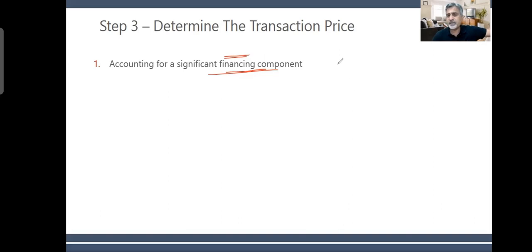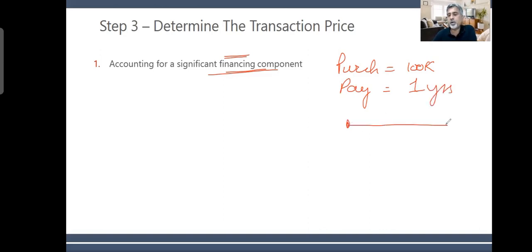Let's suppose there is an equipment, you purchase equipment, the price you agreed is 100K and payment is made in 2 years' time, or let's even call it 1 year, after 1 year. So you purchase here and you are going to pay money here, 100K.